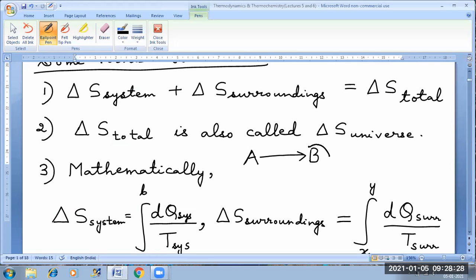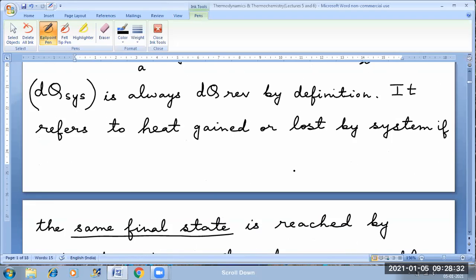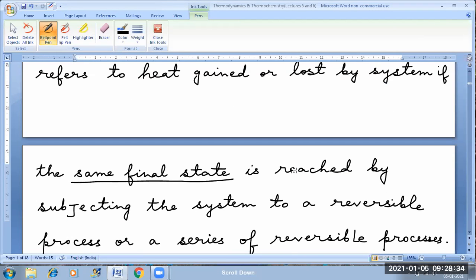So if this is my final state, then the same final state, that is B, is achieved or reached by subjecting the system to a reversible process or a series of reversible processes. And then I reach state B, those reversible paths are supposed to be taken into consideration for calculating the value of dq system.